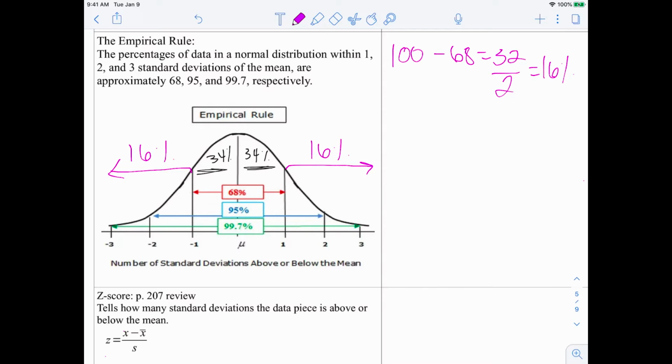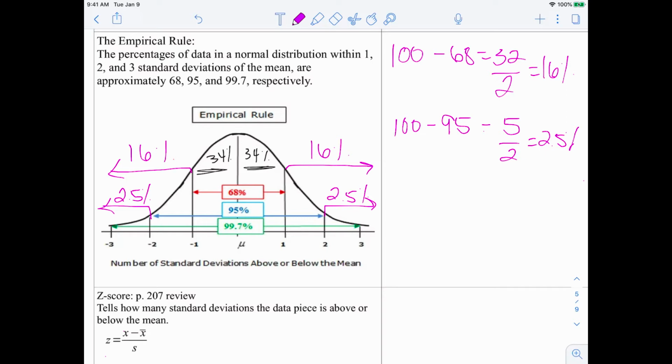We can do the same thing to figure out what percent of the data fall above 2 standard deviations or below -2. Again, we have 100% of the data. We subtract the middle 95%, leaving us with 5% left over. If I cut that in half, I end up with 2.5%. So this would be 2.5%, and this would be 2.5%, because it's going to be equal on both sides.